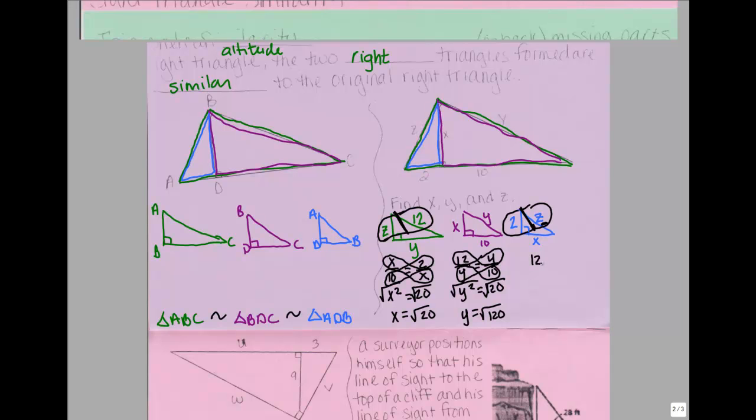So 12 over z is equal to z over 2. And you cross multiply. Z times z is z squared is equal to 12 times 2 is 24. Take the square root of both sides. Z is equal to the square root of 24. And we are now done with that problem.